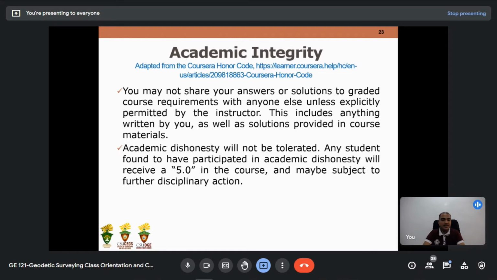So wala na sila gipa-enroll sa geodetic engineering sa GE tungod kay they are doing this dishonesty, no, academically. So I hope na sa inyong batch, no, walay maigana. So kung mali jud na siya, dili na siya mahimong tama.